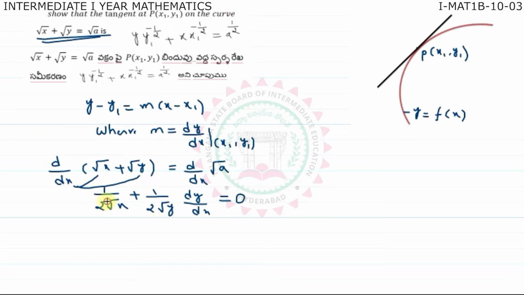So here, multiplying both sides by 2, these 2s cancel, and we get dy by dx times 1 by root y is equal to minus 1 by root x. So dy by dx is equal to minus root y by root x.